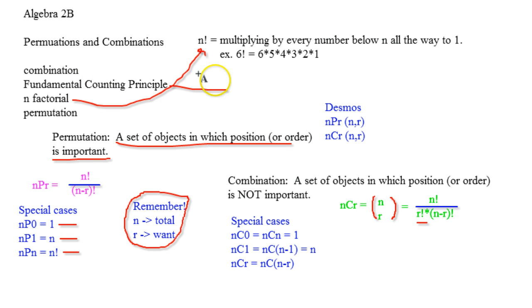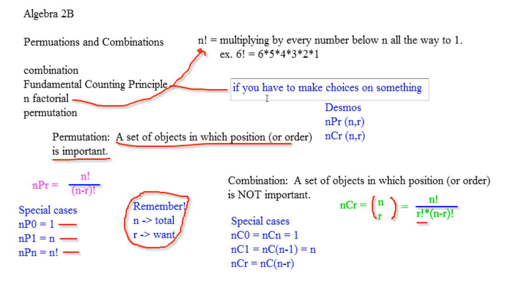Now, I like to use the fundamental counting principle, especially when we're talking about permutations and combinations. The fundamental counting principle is if you have to make choices on something, could be choosing dinner or what to wear, just multiply the amount of choices you have.